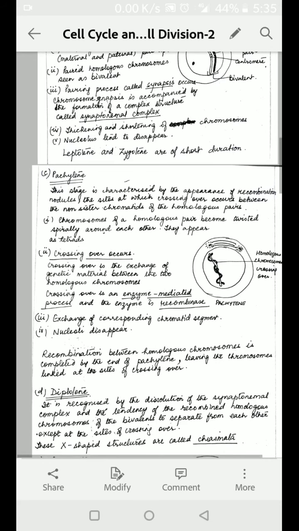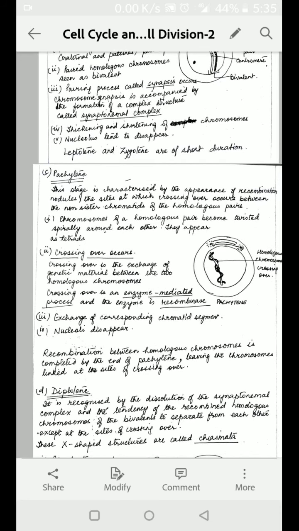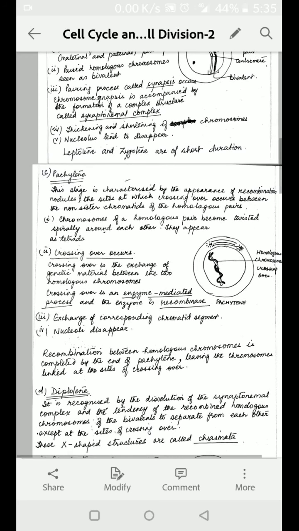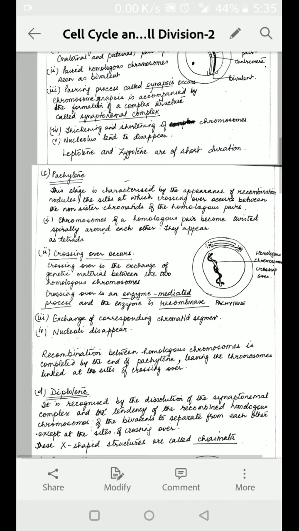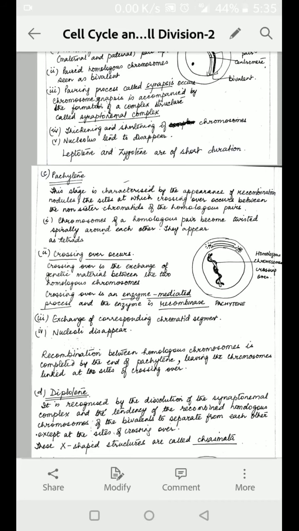Non-sister means chromatids of 2 different chromosomes. In homologous chromosomes, I told you, one is from the mother, one is from the father. We call it the maternal set and the paternal set. So crossing over takes place between chromatids of maternal and paternal chromosome, not between the chromatids of only maternal or only paternal.